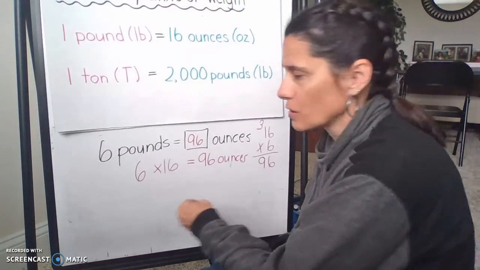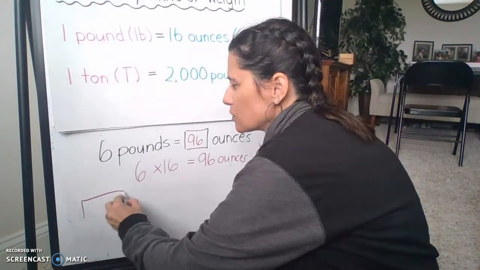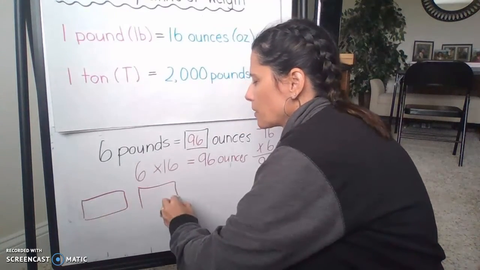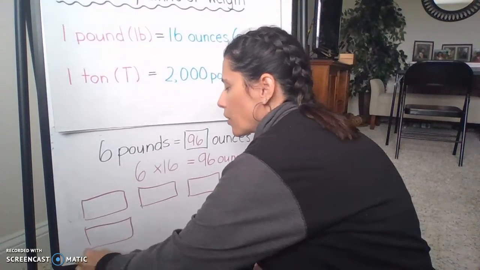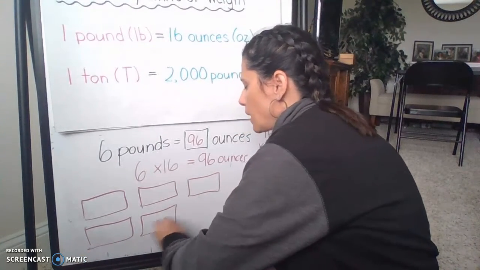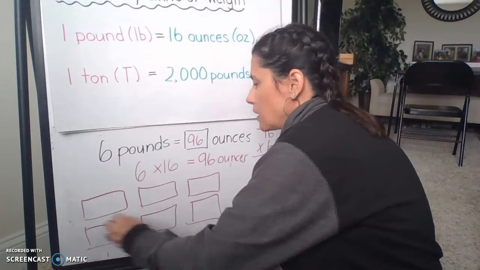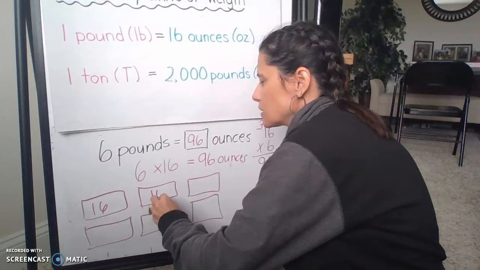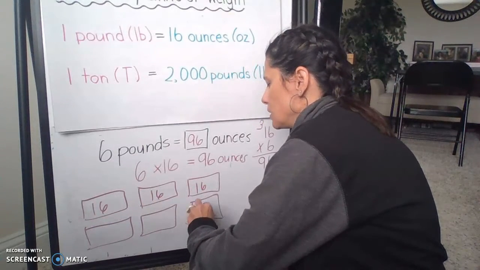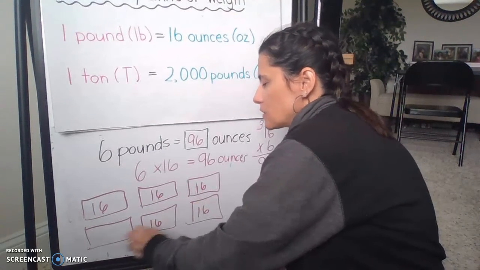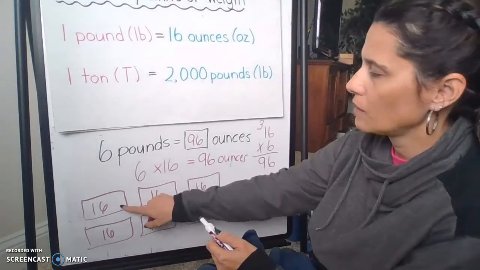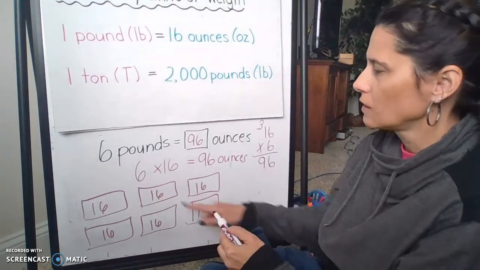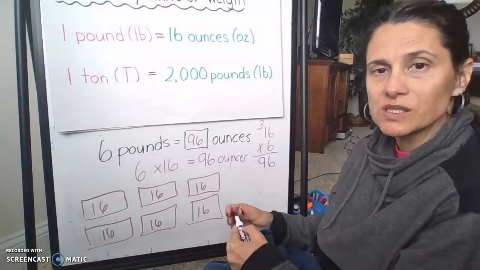Now if I did my picture, what that's going to look like is 6 groups. 1, 2, 3, 4, 5, 6, and then it would be 16, 16, 16, 16, 16, 16. Because 6 pounds, and each pound is 16 ounces, so then that's the same as 16 times 6.